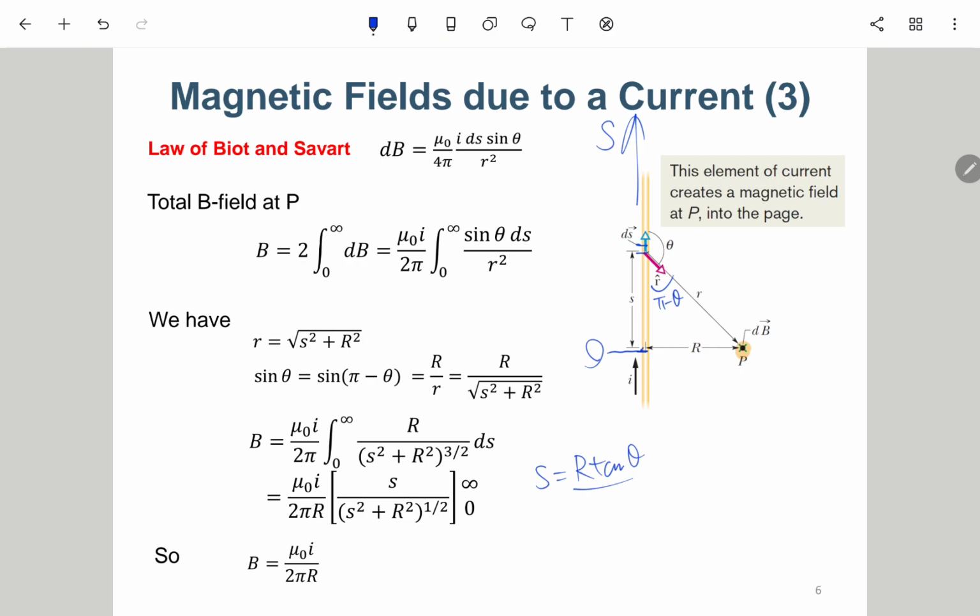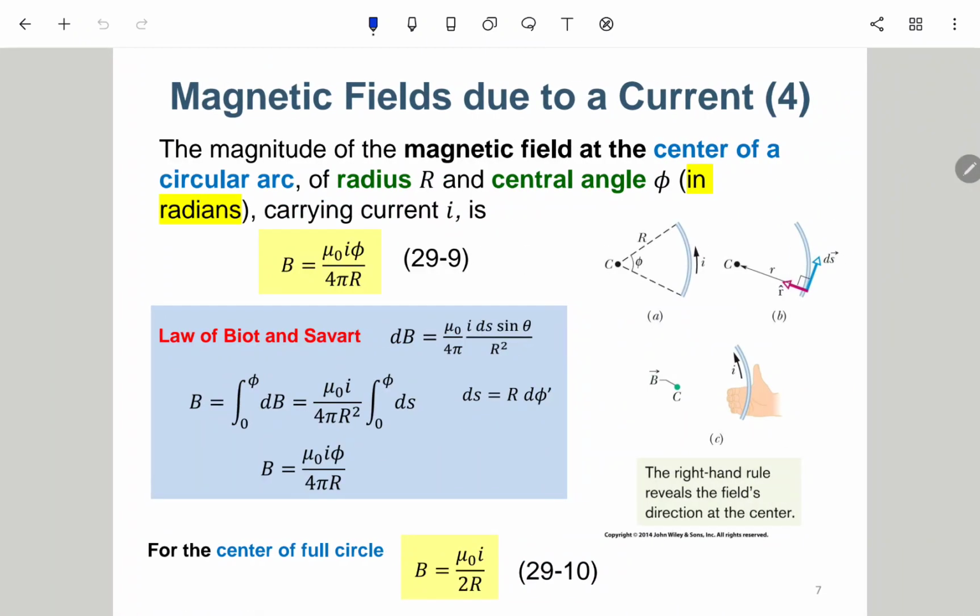OK，所以这个式子的话，后面会常常会用到了。这个是 B 等于 mu I 除以 2 pi r。这是一个无限长的直导线产生的磁场，正比于电流，反比于距离。And then this one has a similar form but not quite the same.